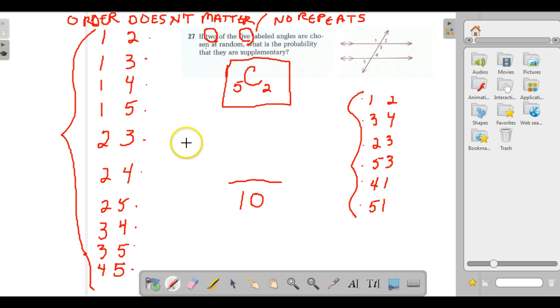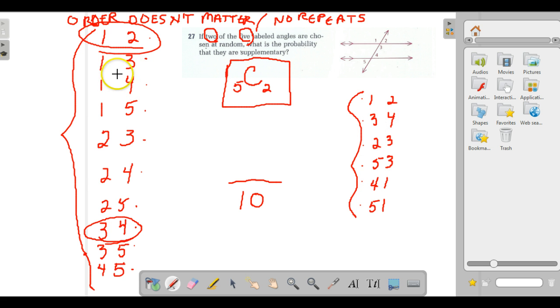Okay, so since we know now that we want to have these 6 outcomes, well, how many times do these outcomes occur? Well, the 1 and 2 occurs here, and the 3 and 4 occurs here. I mean, they occur 6 times.